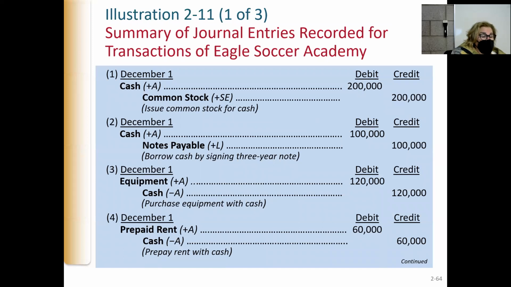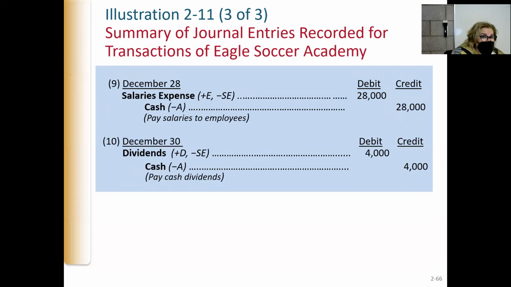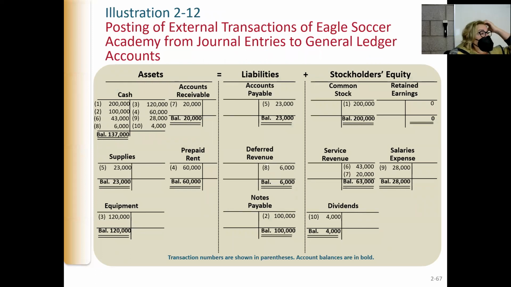So here is a listing of all the journal entries we've just done. And this shows every account. This is the posting. We took every journal entry and we posted it to the various accounts.